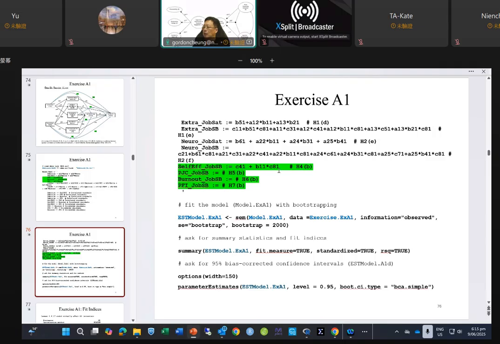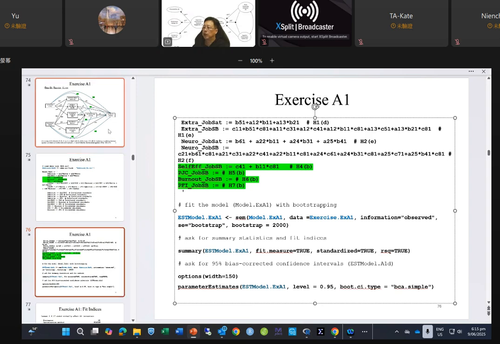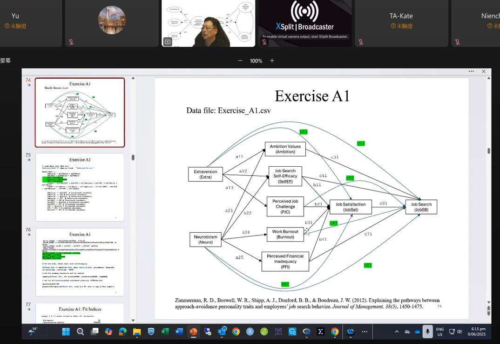Okay, this is the easy part. The next three, that is something that you need to complete. PJC, perceived job challenge to job search behavior, which is C51 plus B21 times CH1.